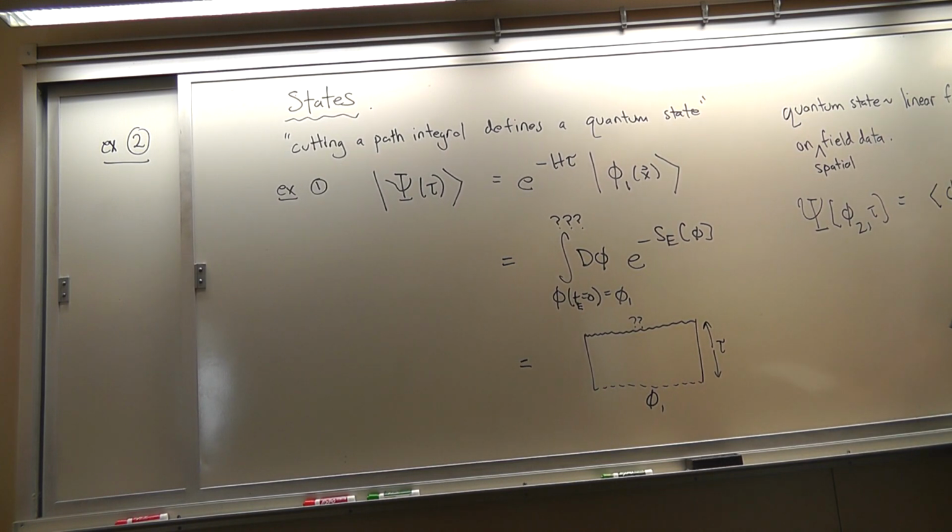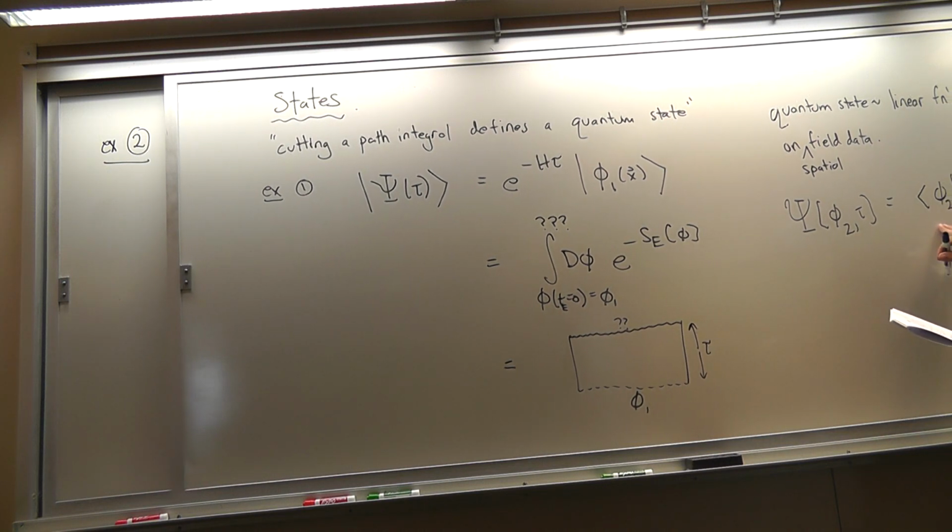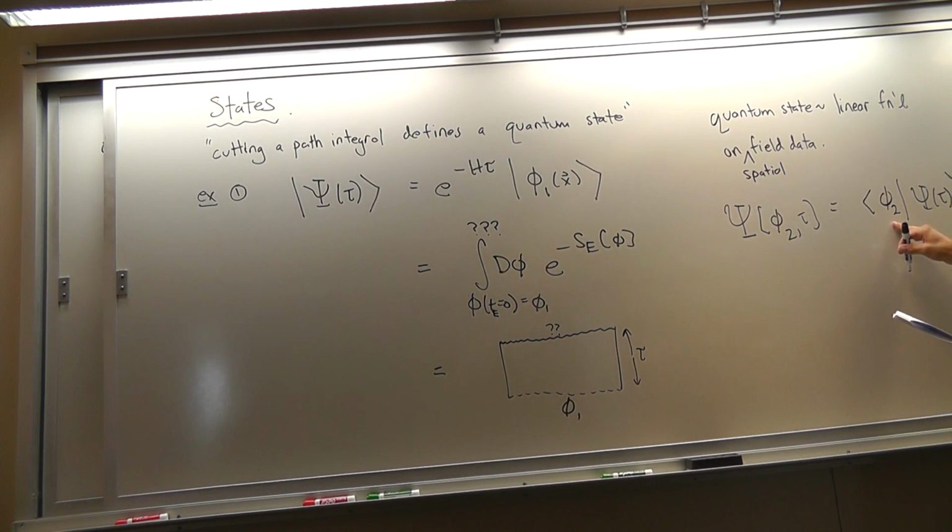Yeah, I mean, when we were defining the state, we used the superposition of the basis to define the state. Yes. But then when you're saying that the side there is a functional, it has only argument phi 2 and tau, and so I think you mean it's a linear functional in phi 2, but that doesn't seem to be very useful. What doesn't seem to be very useful? So you're saying the psi is a linear functional on the field data phi 2. Yeah, that's right.